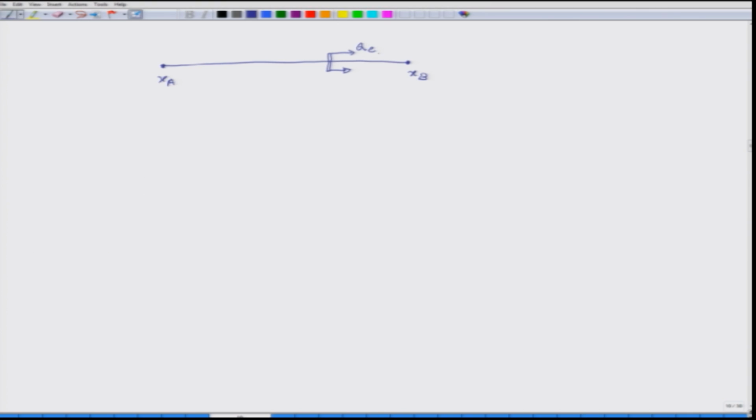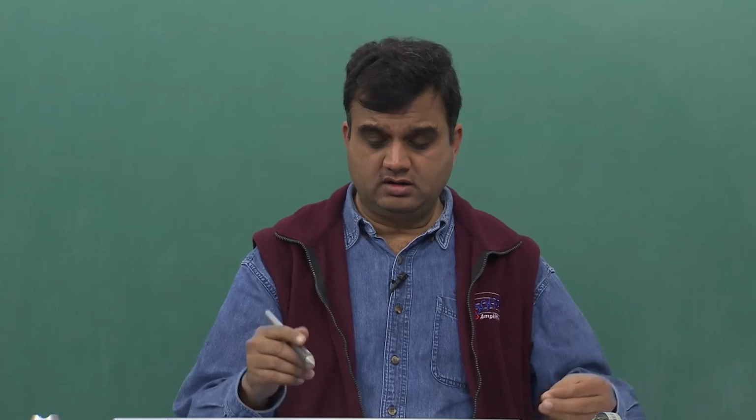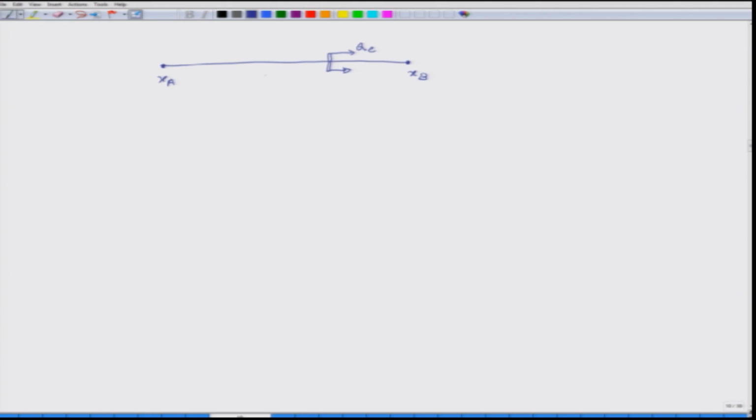If the location of this q was exactly at the node, then when I did the assembly process, q from this element and q from the next element, when they add up, this would have been equal to q, right.